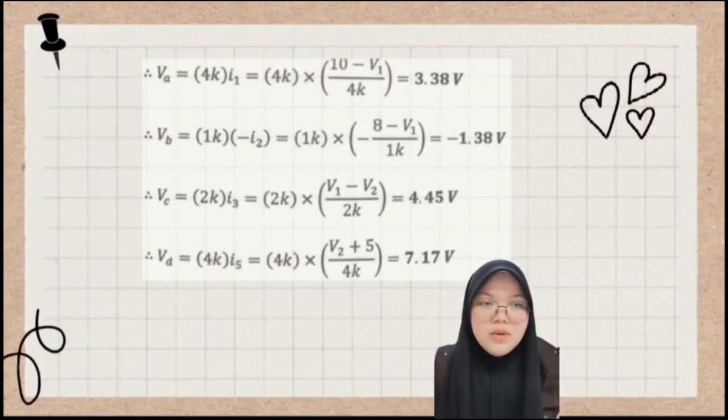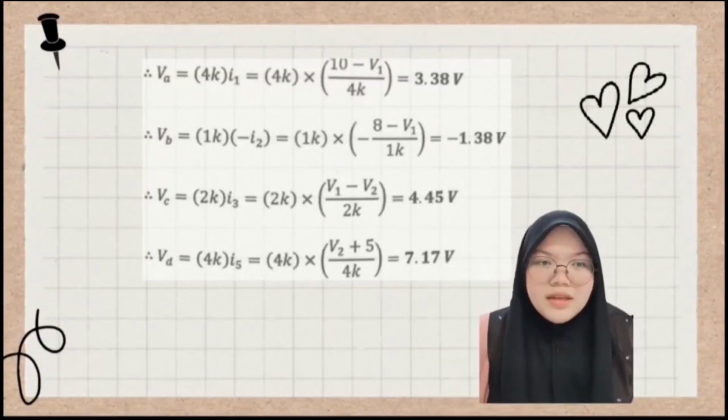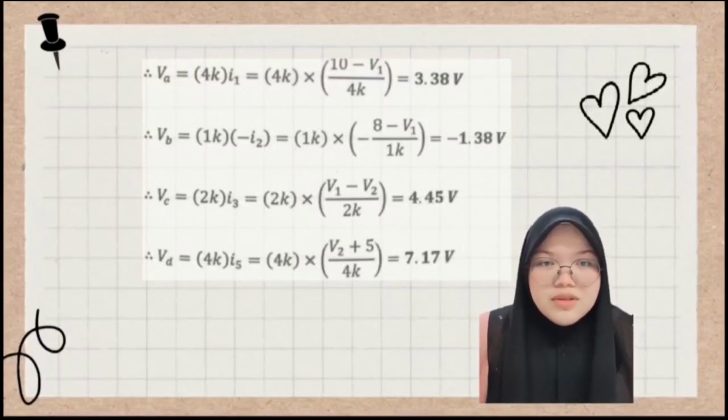For VC, we got 2K multiplied by I3, which equals 2K multiplied by (V1 minus V2) over 2K, equals 4.45 volt. For VD equals 4K multiplied by I5, which equals 4K multiplied by (V2 plus 5) over 4K, equals 7.17 volt.